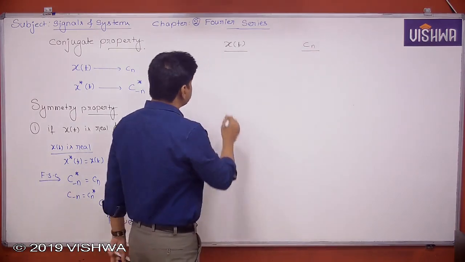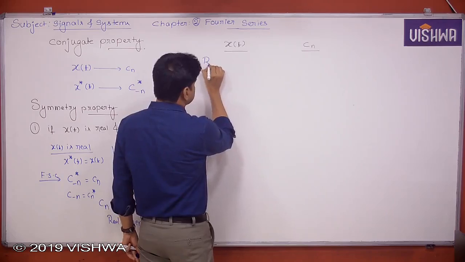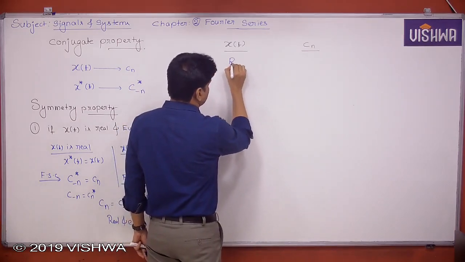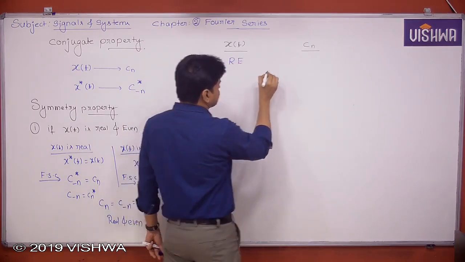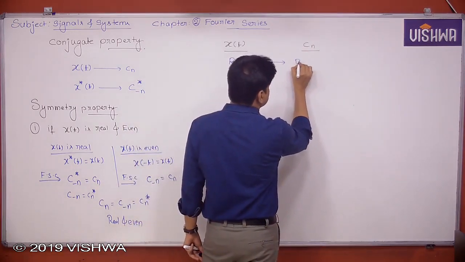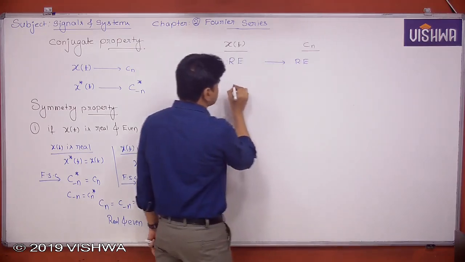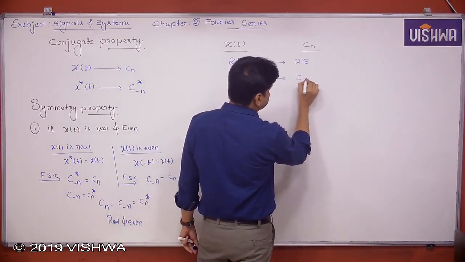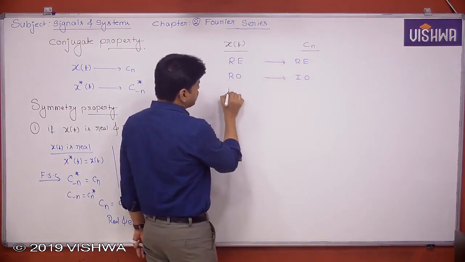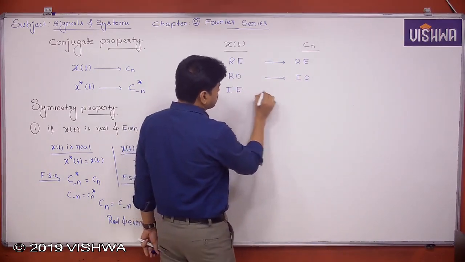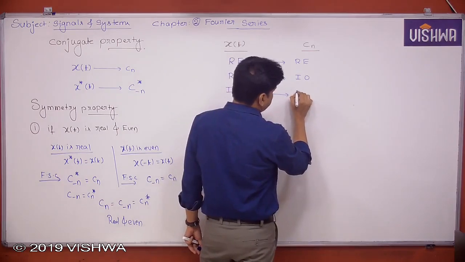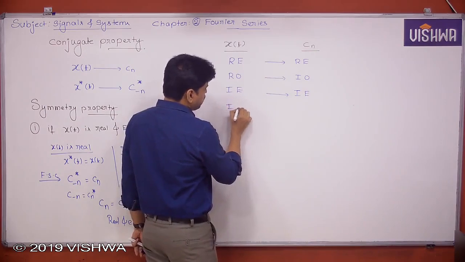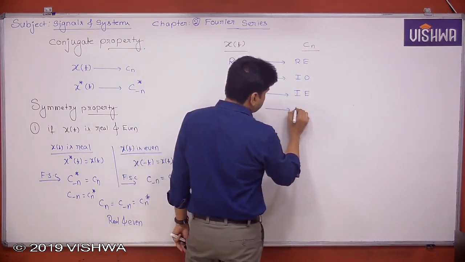If x of t is real and even, then Cn is also real and even. If it is real and odd, then it is imaginary and odd. If it is imaginary and even, then it is imaginary and even. If it is imaginary and odd, then it is real and odd.